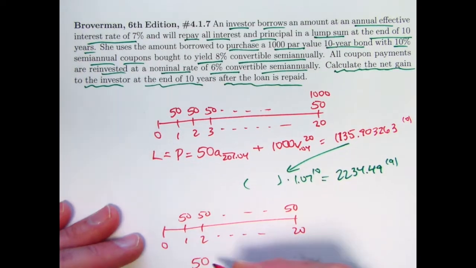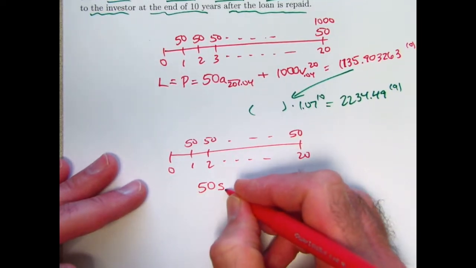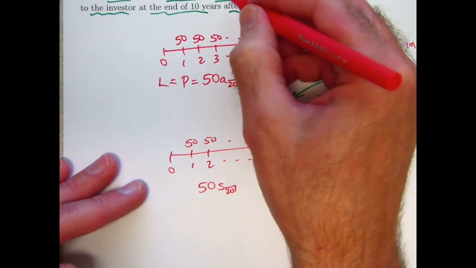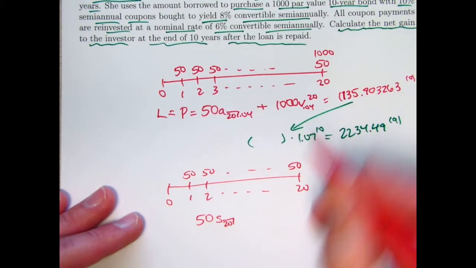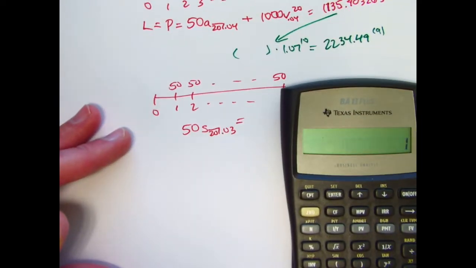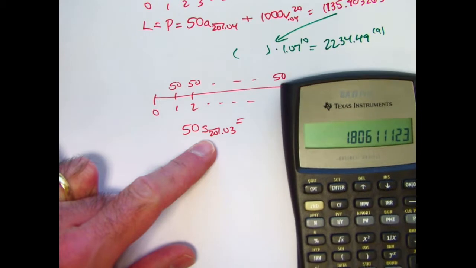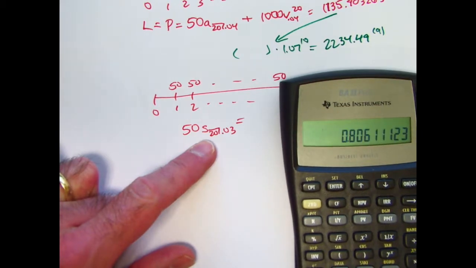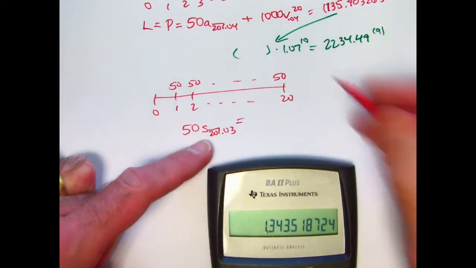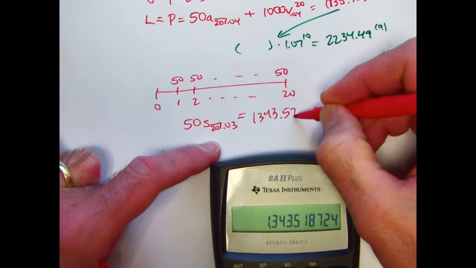It'll grow to 50 s angle 20, future value, 20 payments at semi-annual interest rate 3%, 0.03. 1.03 to the 20th power minus 1, divided by 0.03, times 50. This is 1343.52.